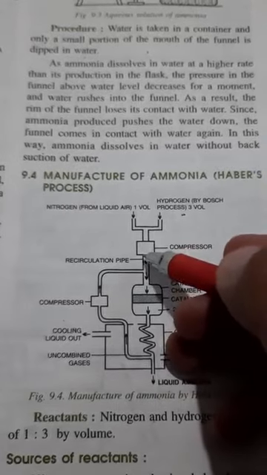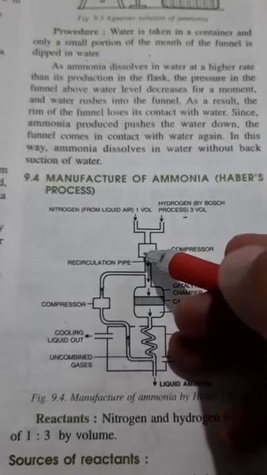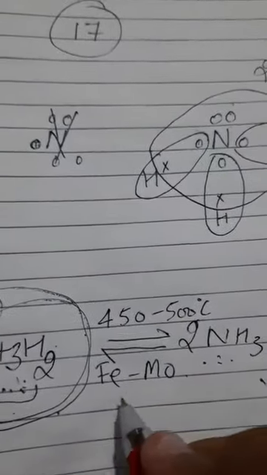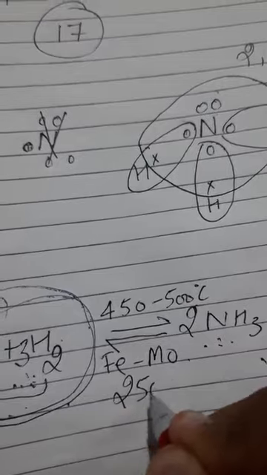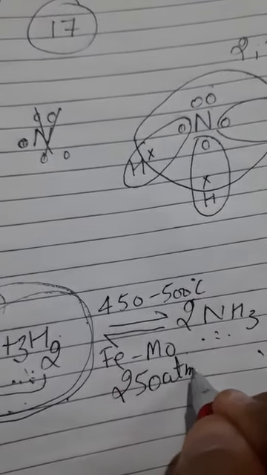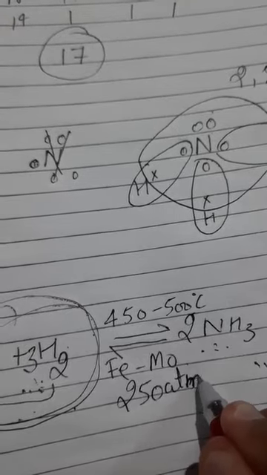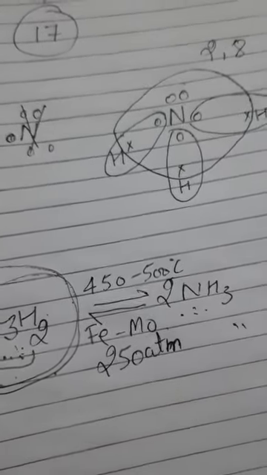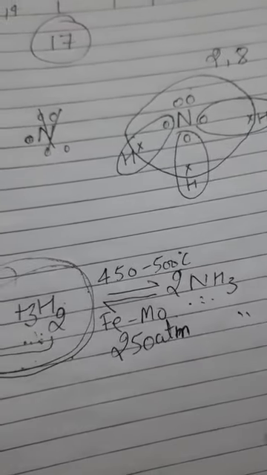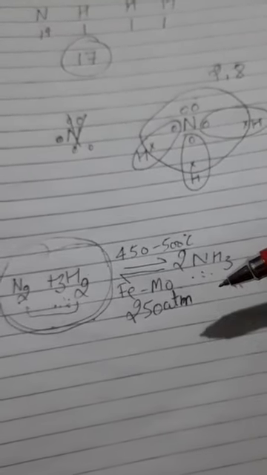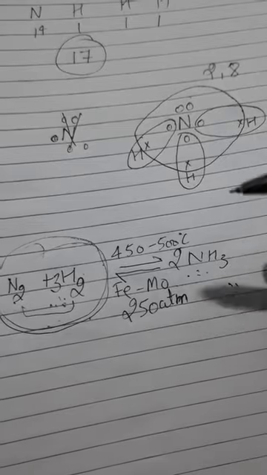Now both the gases will meet in a compressor where we will create a pressure of around 250 atmospheres. I have not written it here, but now I am writing 250 atm, right? So we need pressure also here. However, in most books it is written 200 to 900 atmospheric pressure, but in reality we maintain pressure almost up to 250 atmospheres only.